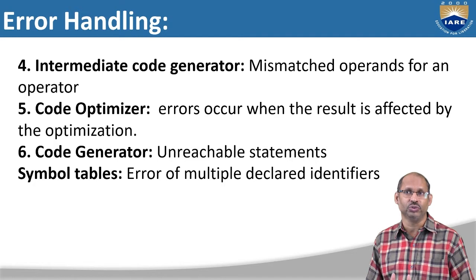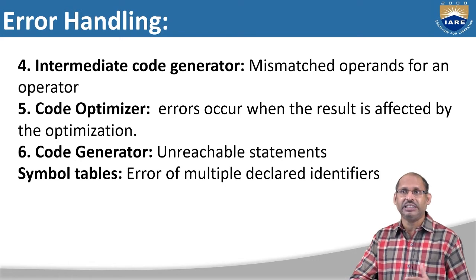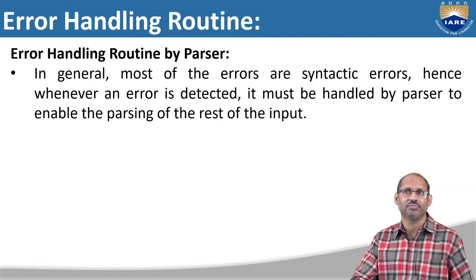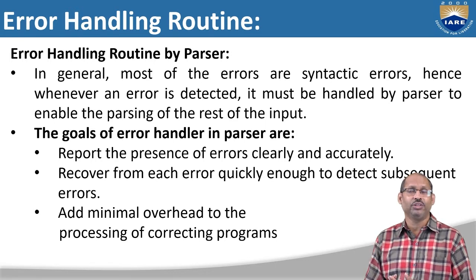It should be unique in the same scope. So these are the different error messages that are given by different phases of a compiler. Next comes the error handling routine by the parser.